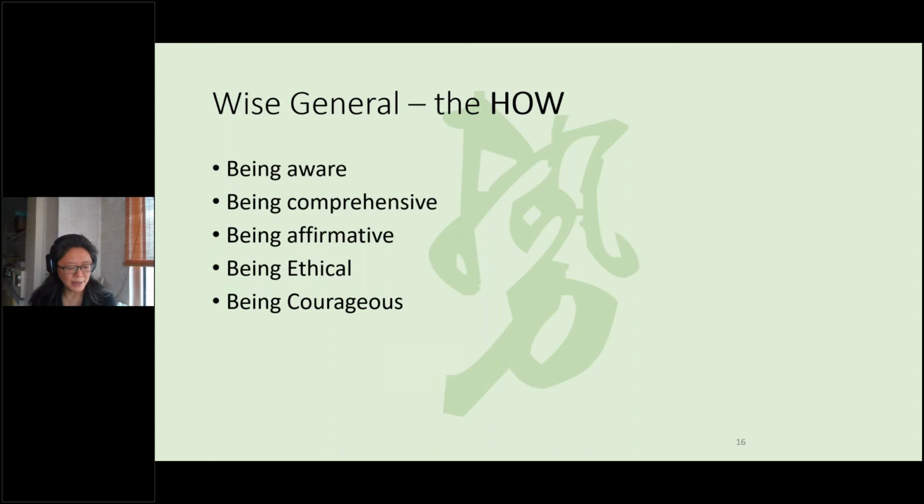being comprehensive. Being comprehensive here means seeing both the limitations a situation has and also the possibilities it is providing to you. And on that basis, there's also being affirmative, that's acknowledging and saying yes to both the chaos and order.